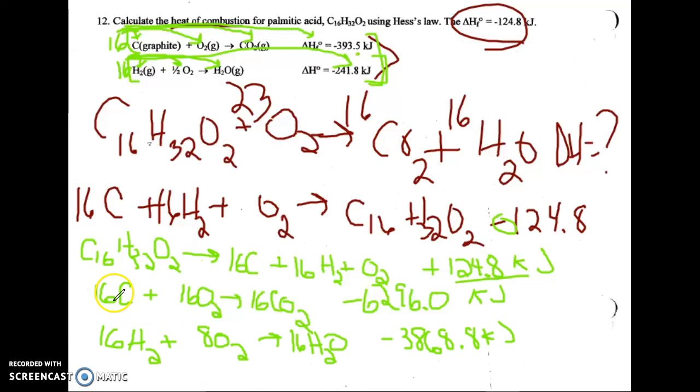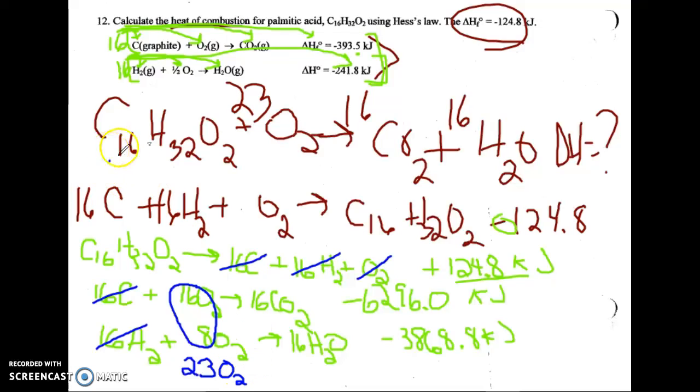Okay, now I'm ready to cancel like terms. I have 16 carbons on both sides, so I'm going to cancel that. I'm not going to cancel the oxygens yet. 16 hydrogens, 16 hydrogens. So 16 plus 8 is a total of 24. I have to delete one here. This gives me my 23 O2s.